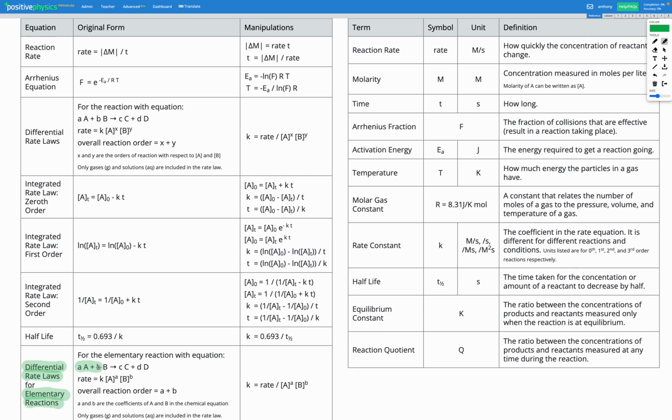And that shows us that for this reaction, where reactant A has a coefficient lowercase a and reactant B has a coefficient lowercase b, the order of reaction with respect to A is the coefficient of A, and the order of reaction with respect to B is the coefficient of B. So that's why we get this rate equation with a lowercase a as the order or the power on the concentration of A, and the same for B. So here the orders of A and B are the coefficients of compounds A and B in the chemical equation.